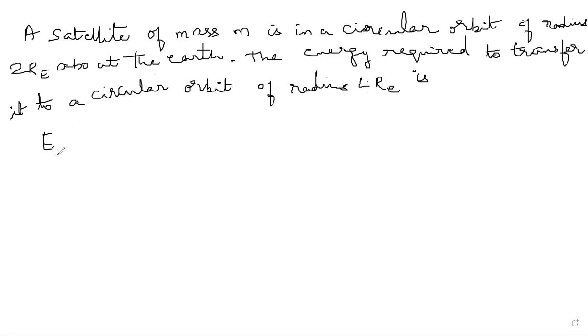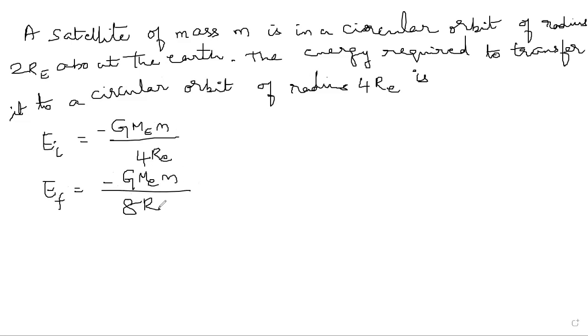So I'll take EI, which is equal to minus GMEM divided by 4 RE, as already given. Next, the final energy EF is minus GMEM divided by 8 RE, since the radius has been doubled.